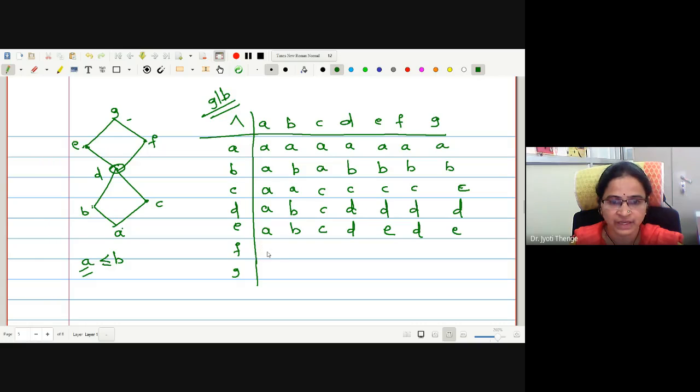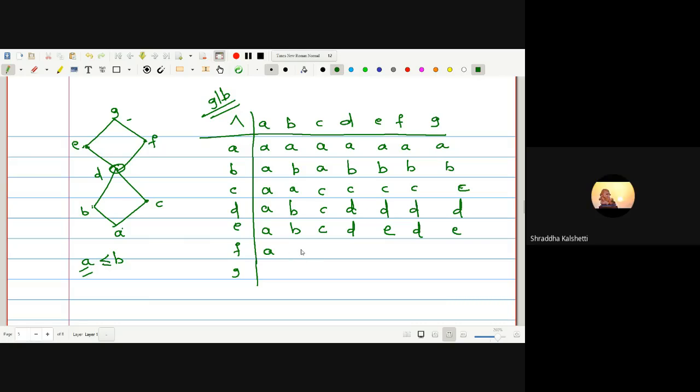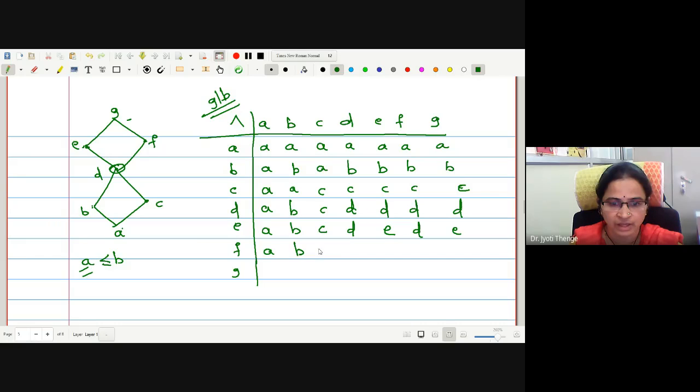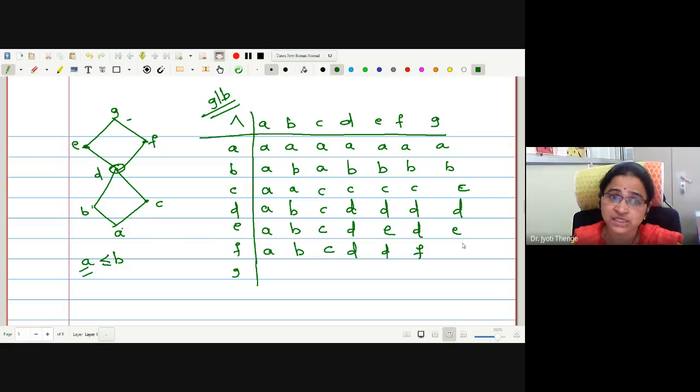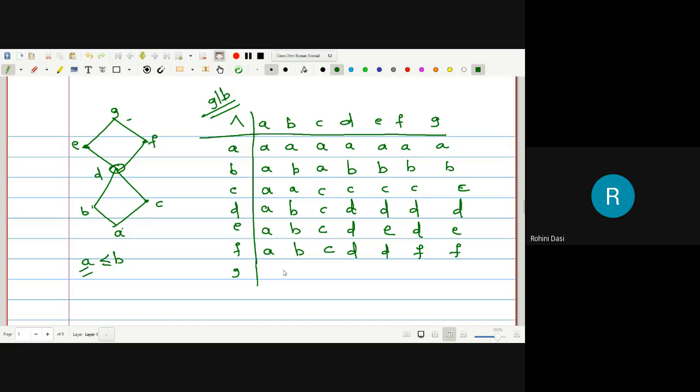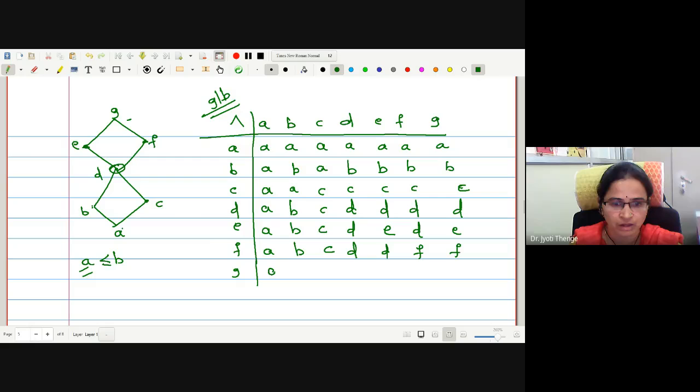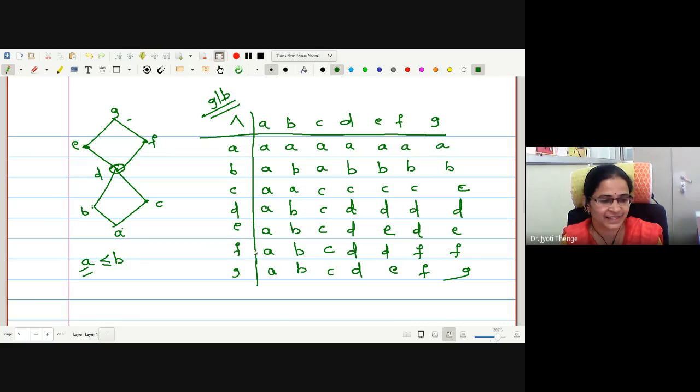F and A, A. F and B, B. F and C, C. F and D, D. F and E. Now think. Common exists, which is D. F and F, F. F and G, F. Now G and A, B, C, D, E, F and G. Correct?